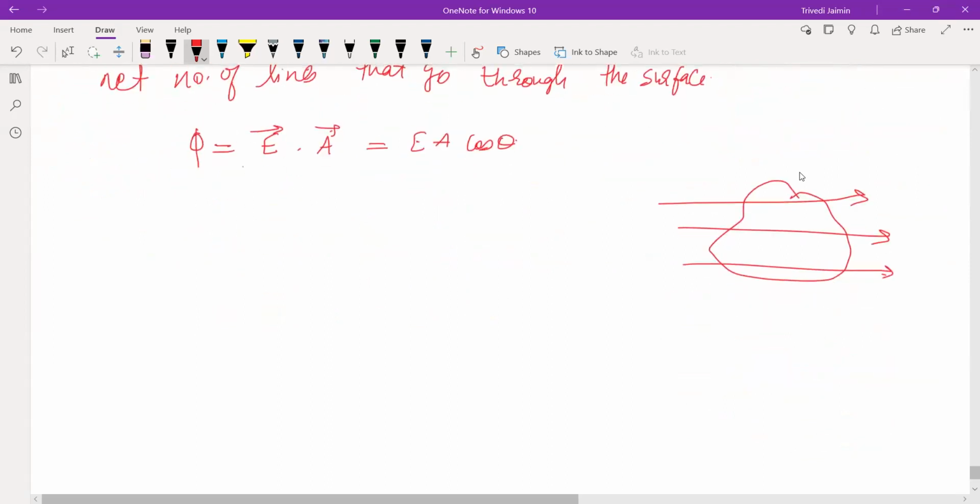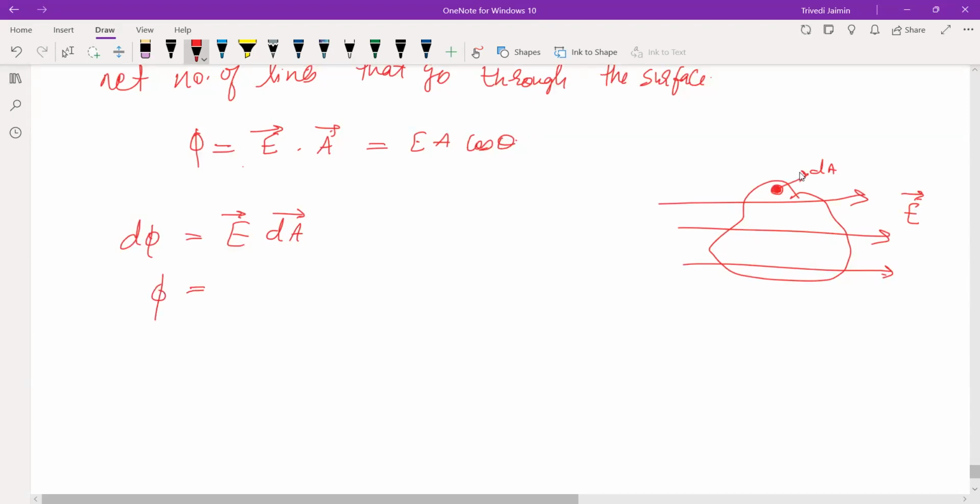So if it is non-uniform here, we can write dphi equals E dA. Now dA is this small area. We'll take a small area and integrate. This is your dA, small area, and this is the electric field.